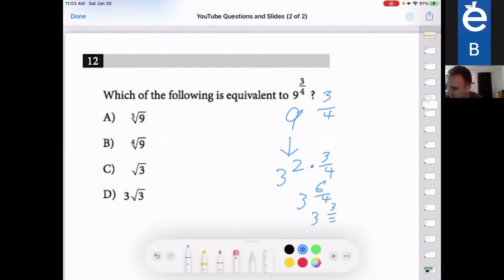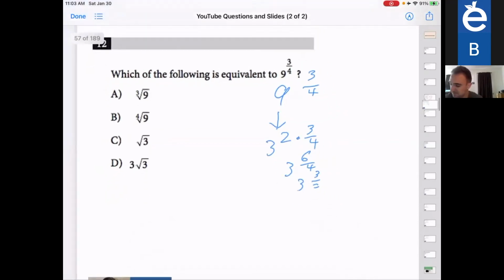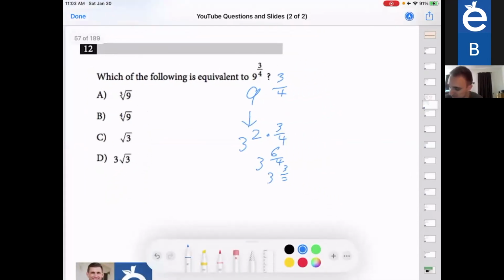Let me write this here. Three to the 3/2. Once again, that top number means it's the amount of 3's I have. So in this case, I'm taking 3 and I'm cubing it, but I'm going to take the square root of that entire thing.